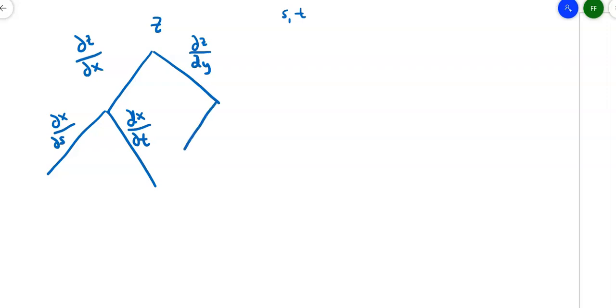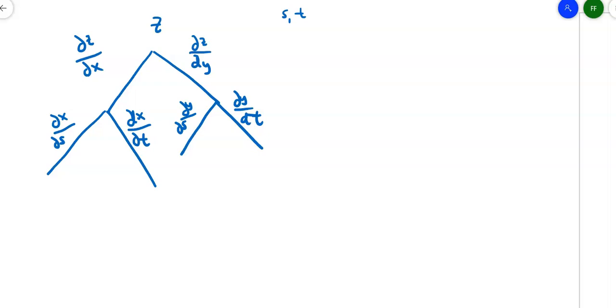Over here, I can take the partial y with respect to s, or I could take the partial y with respect to t. So I first derived it with respect to x, and now I'm deriving the x's with respect to each of those parameters. On the right side, I'm deriving the original function with respect to y, then I'm deriving the y with each of those parameters. So we are going to end up with 2 answers, right?